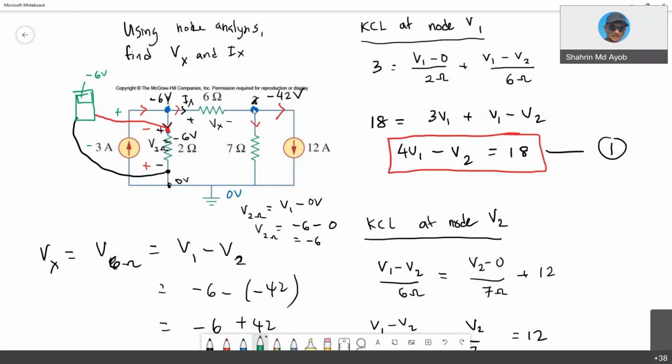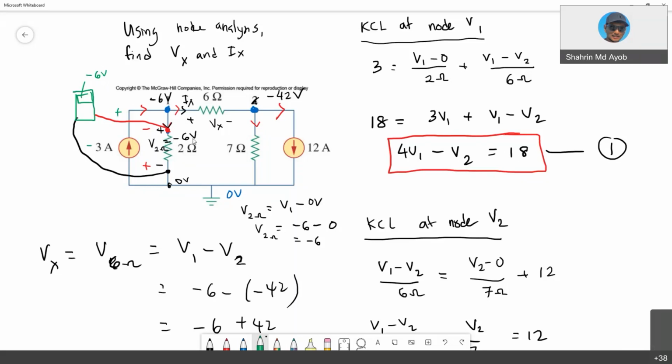For the polarity, if you tap your multimeter at this resistor, it will give you a negative reading, -6 volts, based on the circuit operation.